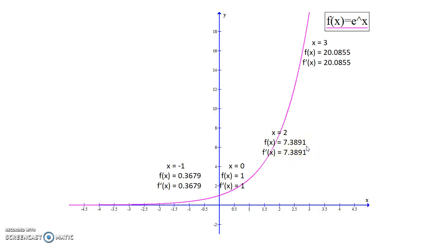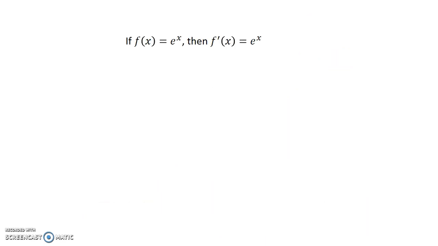That's the most special thing, and that's the most important application of this number e. So if you've got the function y equals e to the x, the derivative is the same as the y value. The slope is the same as the y coordinate. The derivative is the same as the y value for a given value of x.